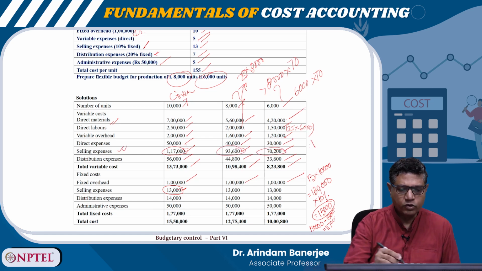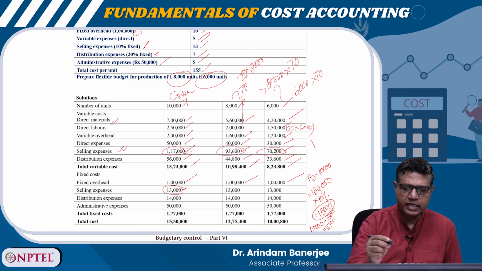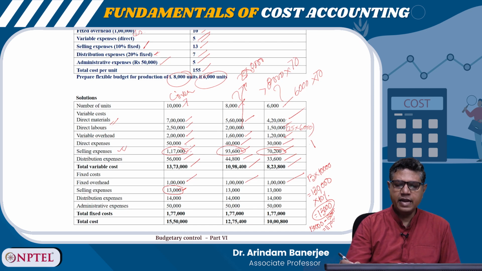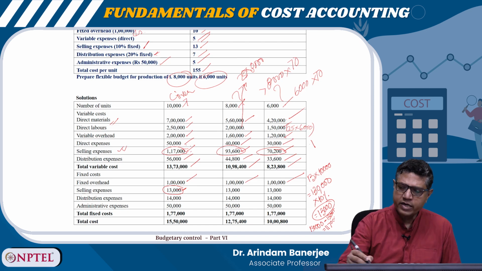Now you see, the variable part of the selling expense is 1,17,000 for 10,000 units. So for one unit it will be 1,17,000 divided by 10,000, which equals 11.70 per unit.